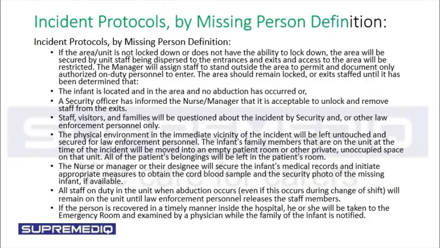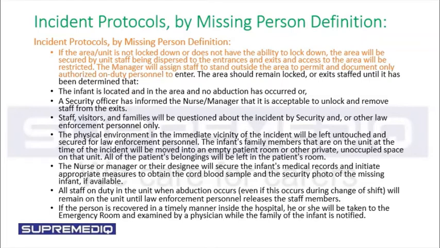Incident protocols, by missing person definition. If the area or unit is not locked down or does not have the ability to lock down, the area will be secured by unit staff being dispersed to the entrances and exits, and access to the area will be restricted. The manager will assign staff to stand outside the area to permit and document only authorized on-duty personnel to enter.